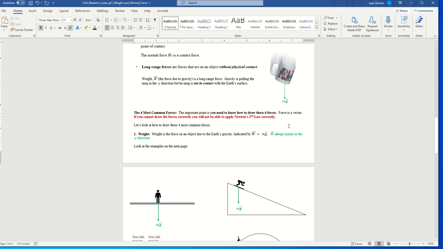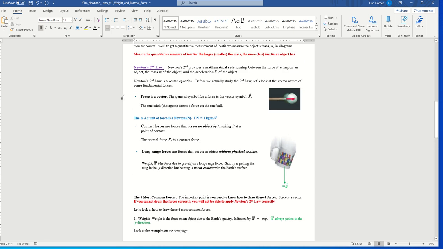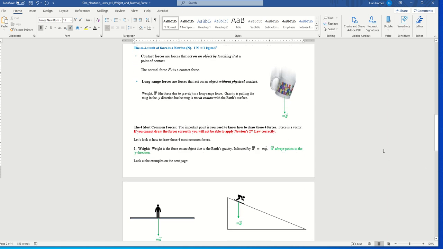We're going to look at, in these next 3 chapters, what I call 4 of the most common forces. And remember, force is a vector. So these forces have a specific magnitude and a specific direction. Well, what we're going to focus on first, before we worry about the math, is these 4 most common forces.